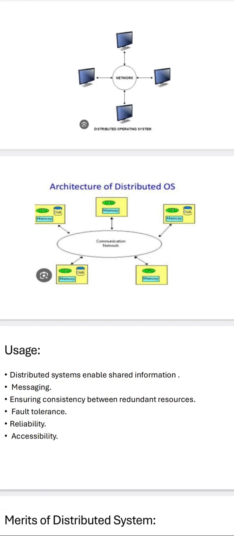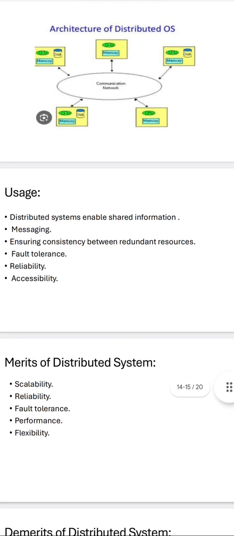Distributed systems enable shared information, messaging, ensuring consistency between redundant resources, fault tolerance, reliability, and accessibility. These are the usages of distributed OS. Then it has merits, demerits, applications, drawbacks, and all. First I would like to explain the merits.